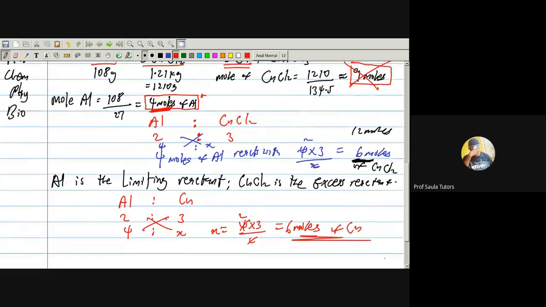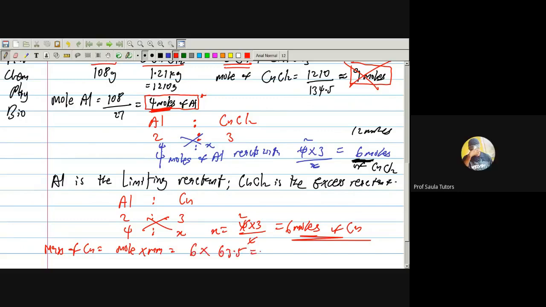Now, as 6 moles of copper is produced, what's the mass of copper produced? It's the maximum mass that we are asked to find, right? So we'll do mole times molar mass. The mass is 6 times the molar mass of copper, which is 63.5.